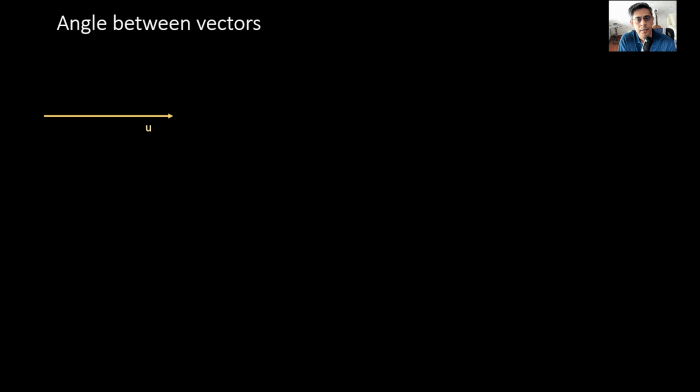Let us understand. Angle between vector u and, for example, another vector v which is on the same line, then we know that the angle is 0. If it is not on the same line, but it is parallel to u, then also the angle is 0, right? So how do you differentiate between a parallel vector and a collinear vector? In linear algebra, we don't differentiate between these two.